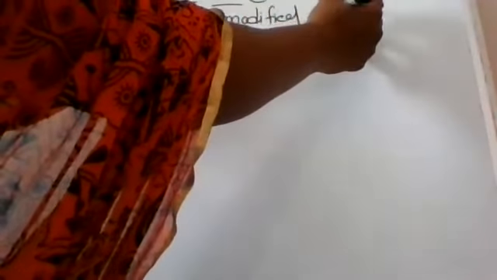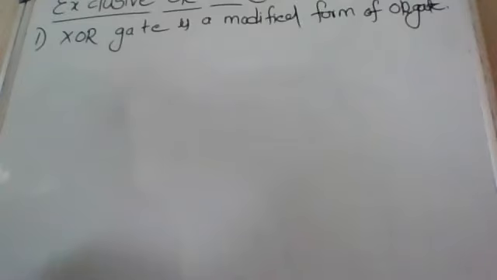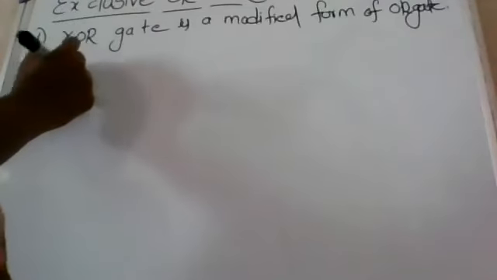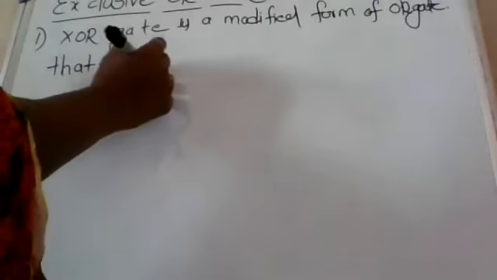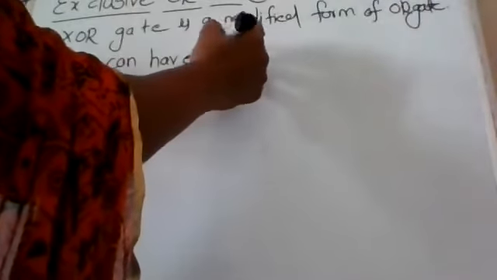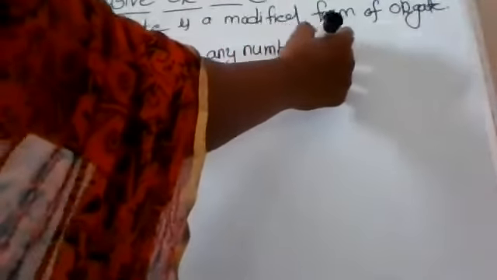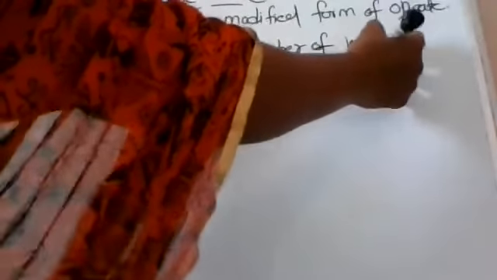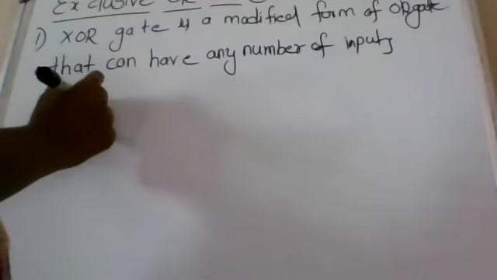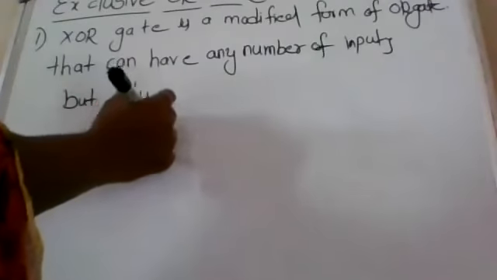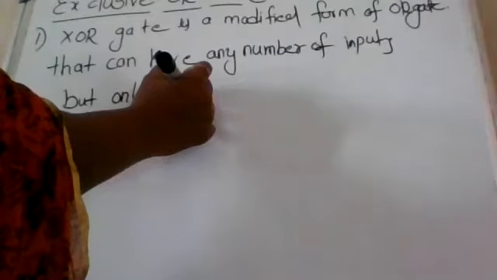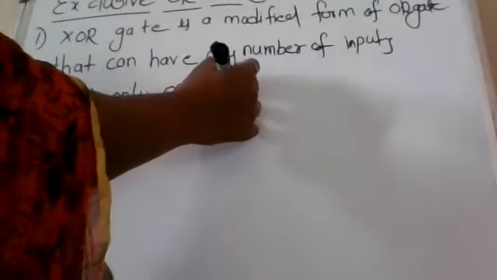XOR gate is a modified form of OR gate that can have any number of inputs, but only one output.